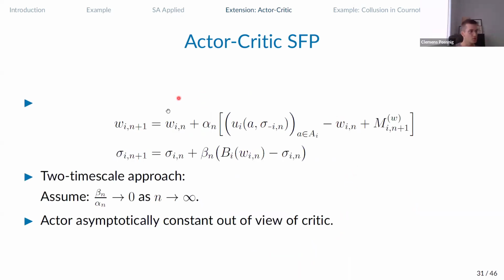Now, writing these two schemes together is now exactly the representation of an actor-critic algorithm. And then we can apply stochastic approximation to this coupled system. One more thing we can do now that we have these potentially different step sizes is introduce a two timescale approach to this. So that's what I want to do.